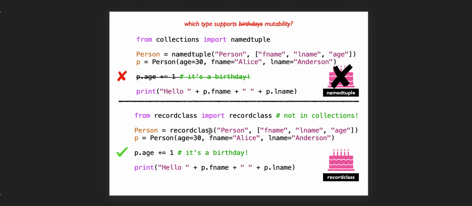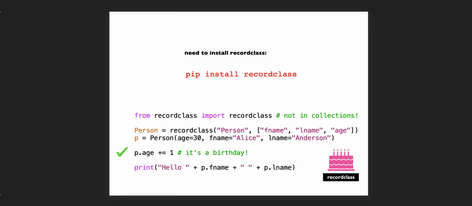You have to use the same keyword both for the module name and for the function call itself, and the way that you're going to create a custom data type is by using the keyword record class itself. What's different from name tuple is that record class is not installed by default, so you'll have to do a pip install of record class to be able to use it.